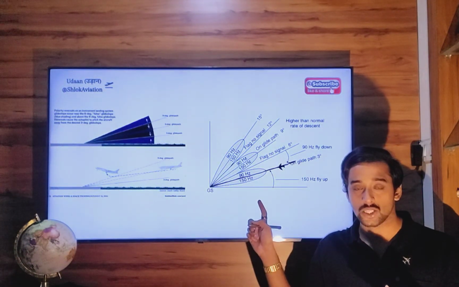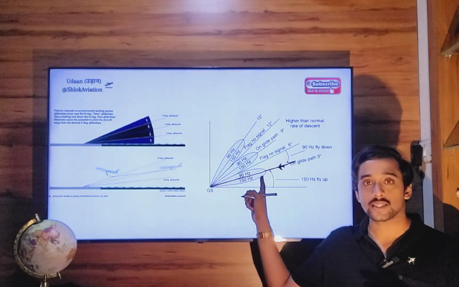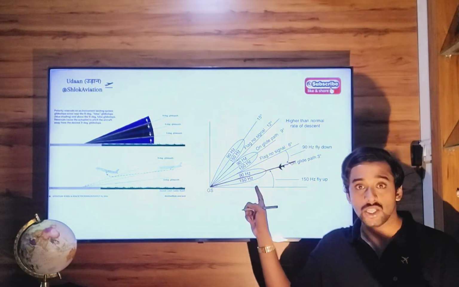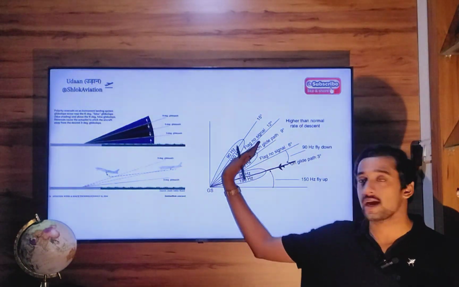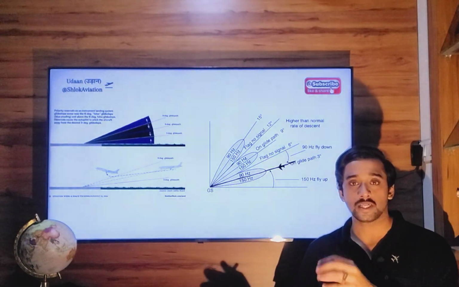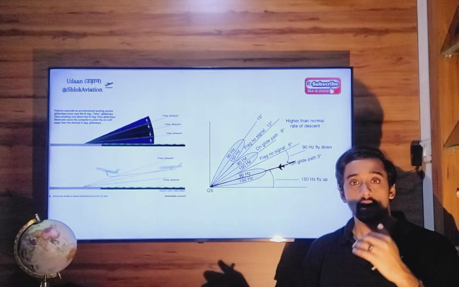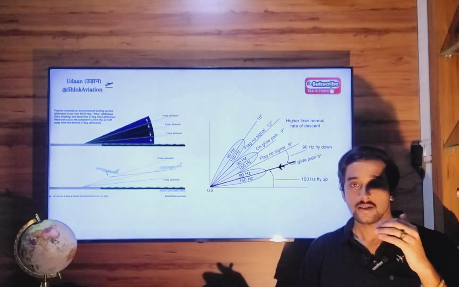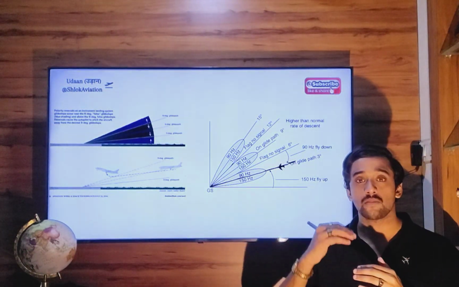Because of ground reflections, these glide slope signals can be regenerated above this standard glide slope. That is one advantage: the false glide slope signals that are generated are found above the glide slope.